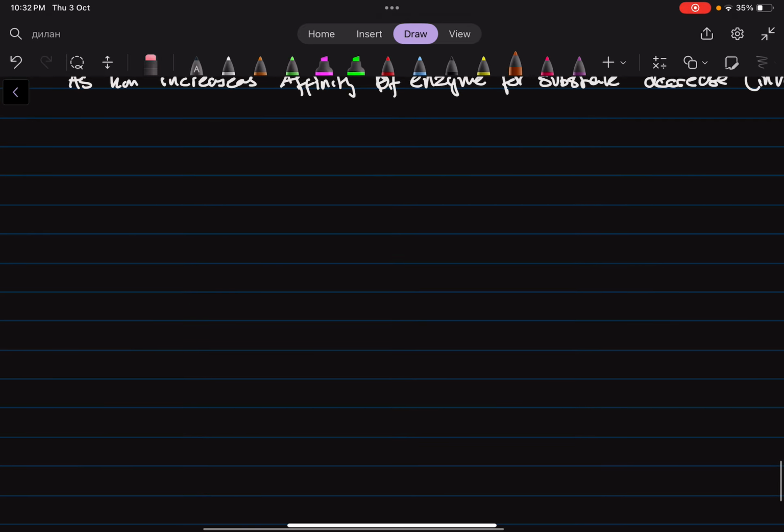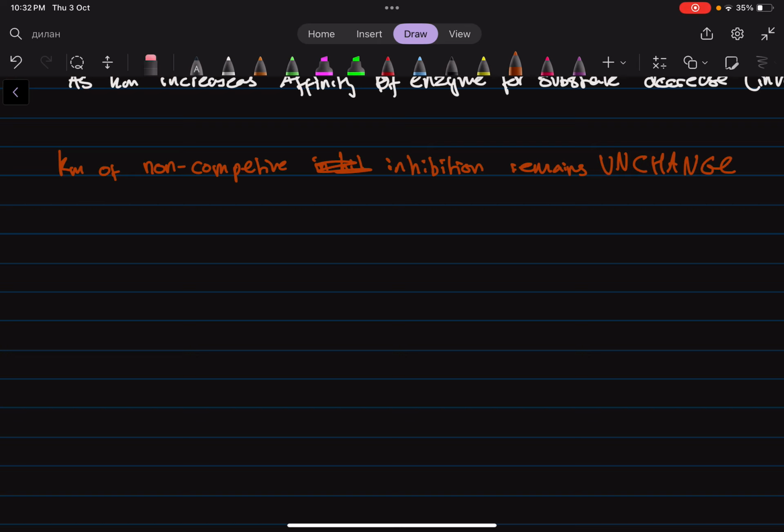And the thing to note is that Km of non-competitive inhibition remains unchanged because the enzyme's affinity for the substrate is not changed by adding a non-competitive inhibitor.